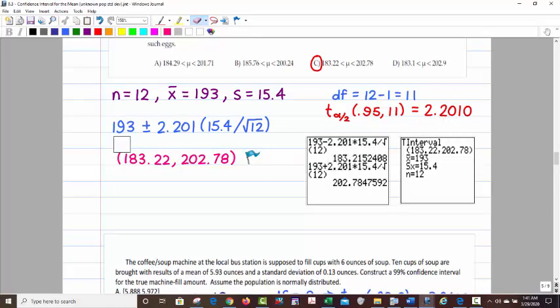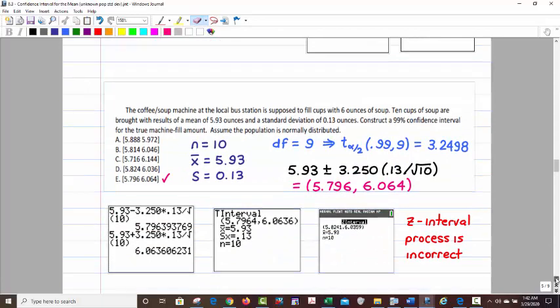So here's the setup using the formula. 193 plus or minus 2.201 times 15.4 divided by the square root of 12. So you see I get 183.22 to 202.78 right there, which is this answer right here, same thing. I'll skip the input process here because we'll do it on another problem. But I did the T, notice it just says T-interval there, very important. And we got the correct answer. So I'll go ahead and move on to this one.